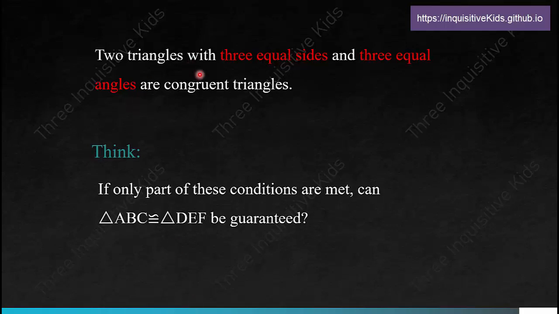It's saying two triangles with 3 sides that we know are equal to each other and 3 angles that we know are equal to each other have to be congruent triangles. Well, that's true because then every angle is congruent and every single side is congruent. Then that means both of the triangles are congruent. But only part of these conditions are told to us. Can this statement be guaranteed?